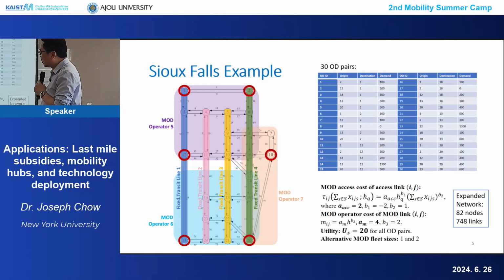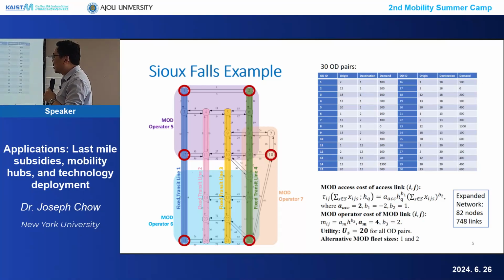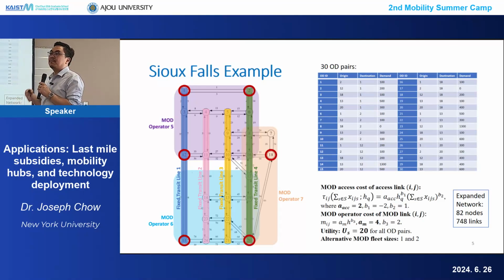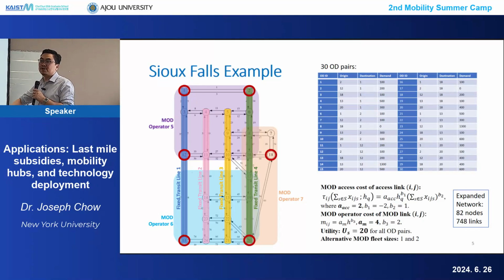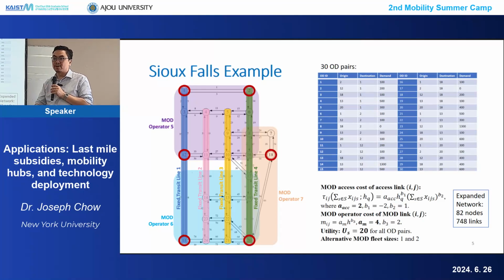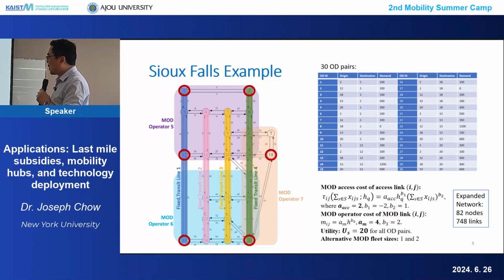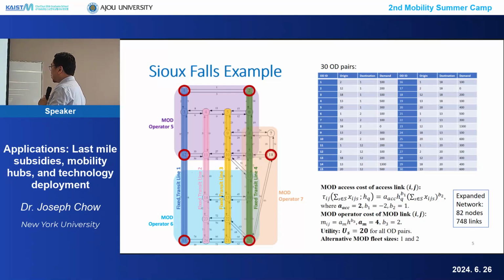The colored zones that you see here are potential MOD service regions. Right? So again, they don't know that they want to operate there yet, but they're considering operating in those locations. I could have just completely had them overlap all the zones, but just to show some cases that are overlapping, some that are not overlapping, we did it this way.